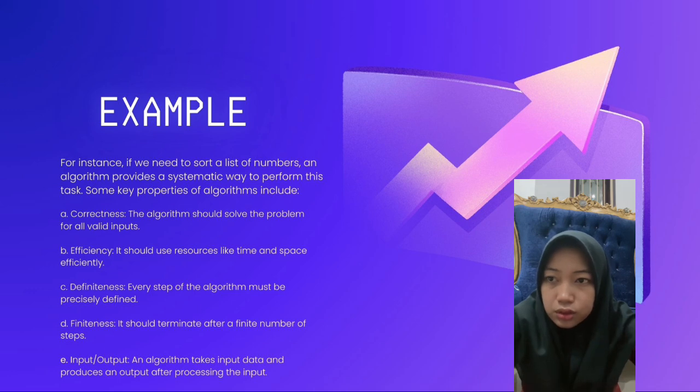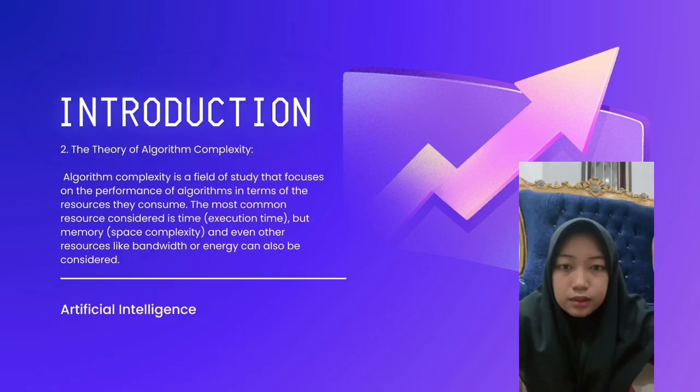It should use resources like time and space efficiently. C. Definiteness. Every step of the algorithm must be precisely defined. D. Finiteness. It should terminate after a finite number of steps. E. Inputs and outputs. An algorithm takes input data and produces an output after processing the input.